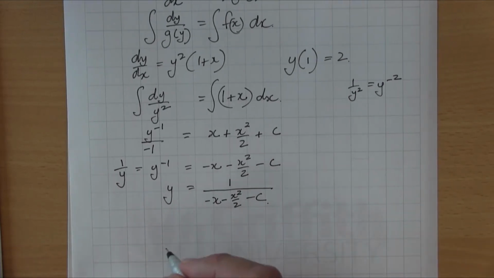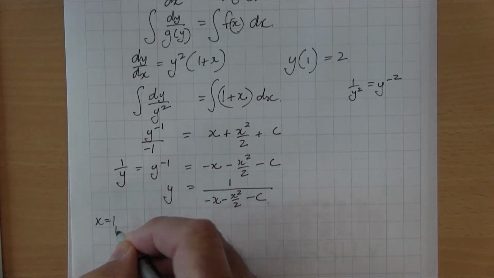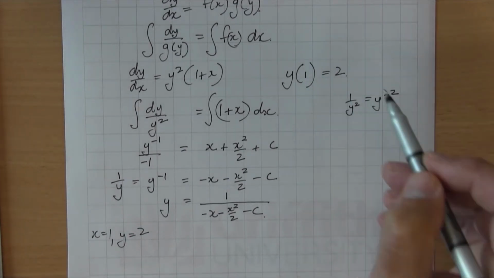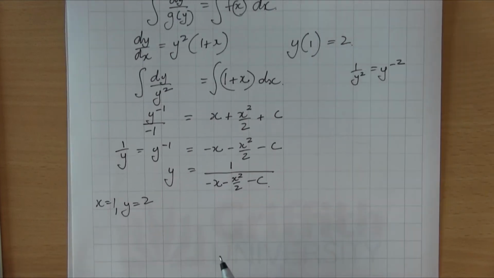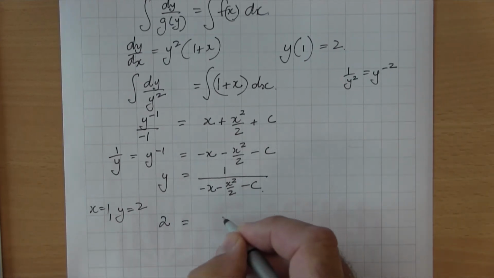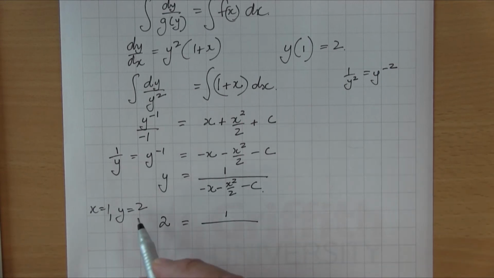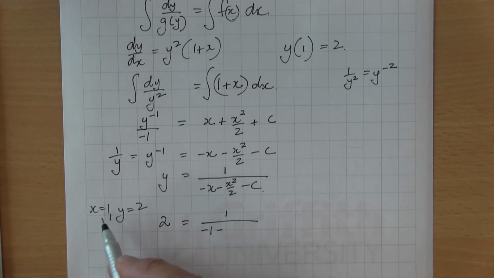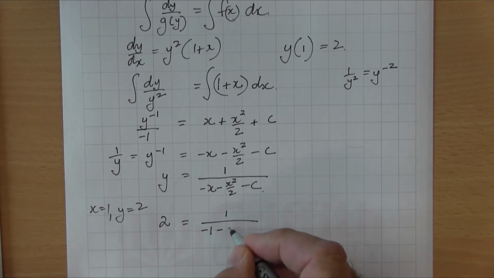Now we know when x equals 1, y is equal to 2 from the initial conditions that were given. So we know that 2 is equal to 1 over (minus 1 squared on 2 minus c).